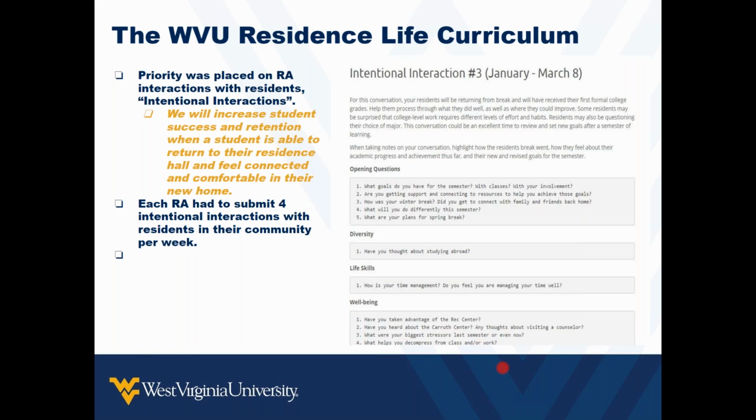This form that you see a screenshot of is from an interaction period from January to March. So here are some questions that we think would be important to ask. RAs, can you go door to door or just go around and talk to your residents and ask them questions, see how they're doing, but also try to fit in some of these things we want to know. And then RAs submit forms based on this.